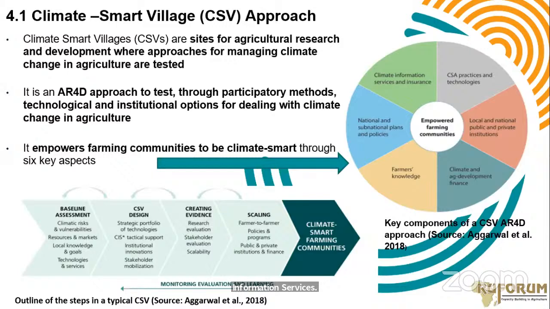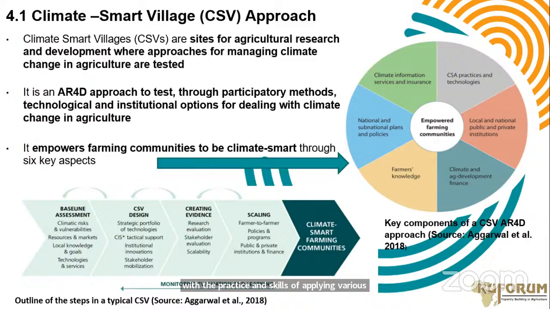Probably most of us already know about index-based insurance mechanisms that are now prevalent in crop and livestock systems. But besides that, the farmers are also equipped with the practice and skills of applying various practices and technologies.